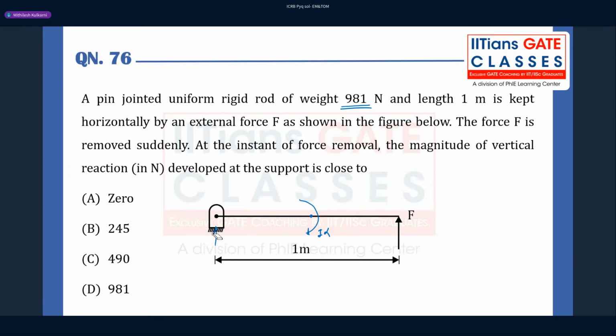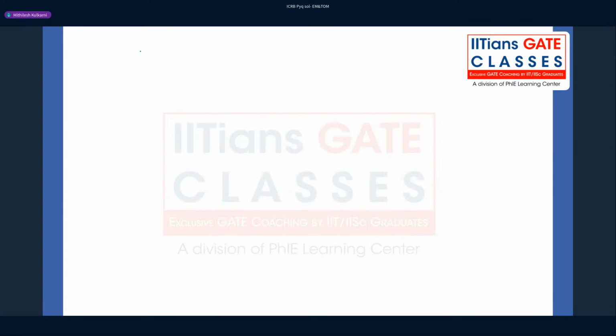Sorry, it will create a counterclockwise moment in order to balance it. Now, I can write from this: I alpha has to be equal to R into L by 2, where R is the reaction. So in order to calculate the I alpha, let's use how to calculate the alpha.